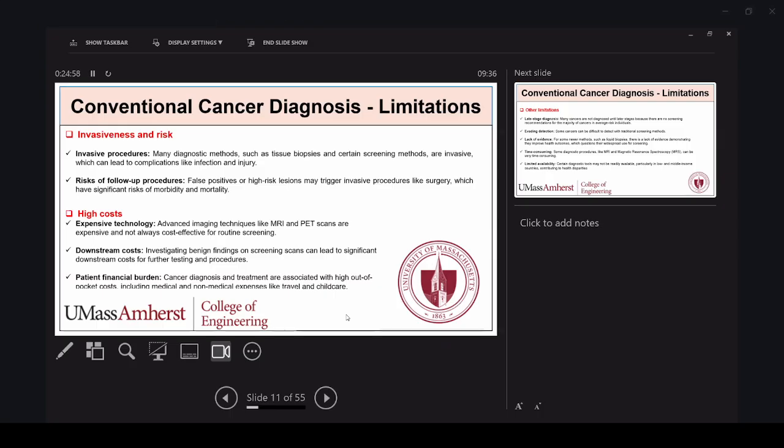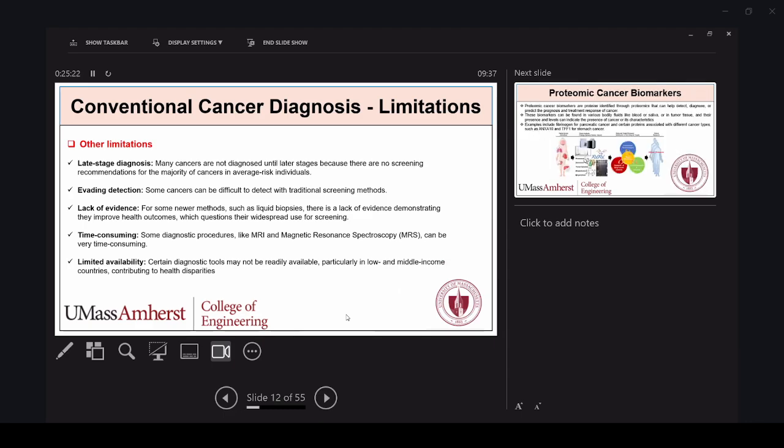So, invasiveness and risk, and high cost: expensive technology, advanced imaging techniques like MRI and PET scans are expensive and not always cost effective for routine screening. Downstream cost, patient financial burden. Not everyone can afford to pay that much money for treatment or diagnosis, right? And other limitations, as you all mentioned: late stage diagnosis, evading detection, lack of evidence, time consuming, limited availability.